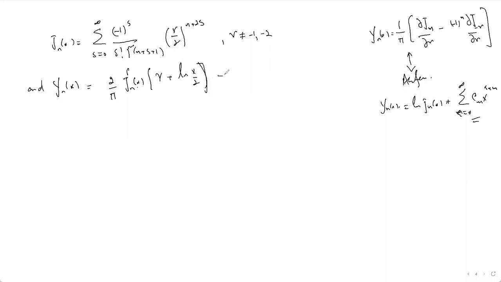This thing minus 2 by pi. This term corresponds to the particular Yn of x equal to ln x times Jn of x. So this is Jn of x, and ln of x comes from this 2 by pi, gamma, ln of x by 2. So minus 2 by pi summation, k running from 1 to infinity, (-1) raised to power k over factorial k times factorial k.